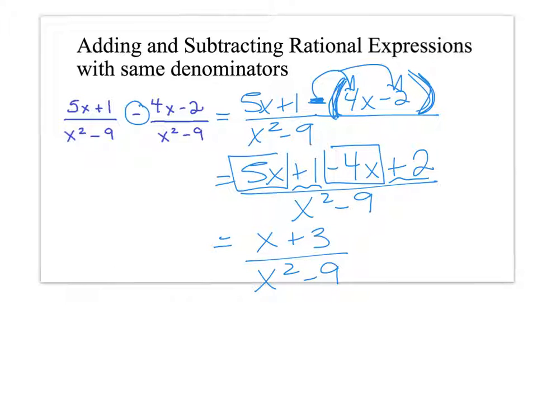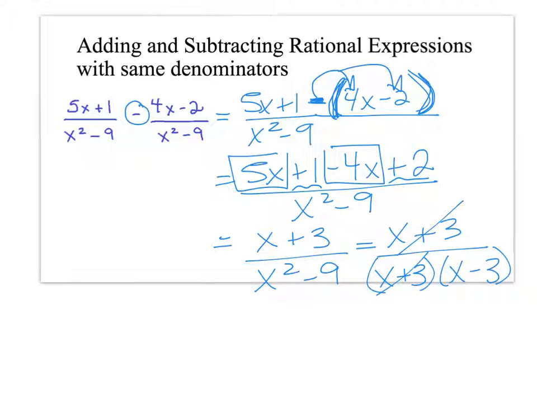And my last job here is to factor where I can, and I can definitely factor the denominator. X squared minus 9 becomes x plus 3 times x minus 3, and the x plus 3's cancel out. That leaves me with 1 on the top and x minus 3 on the bottom. So this is my simplification, but then I also need to know what my domain is.